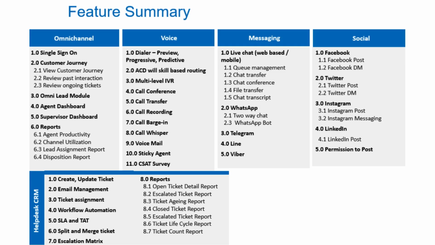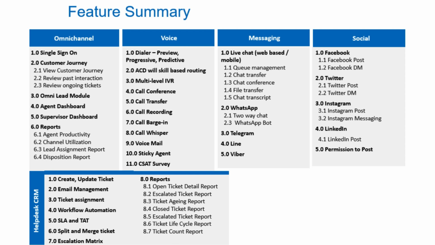This is a short demonstration of Czentric's Omnichannel, which has a built-in CRM along with all the communication channels like telephony, messaging, which includes web chat, WhatsApp, Telegram, and Viber. It has an email module and all the social media like Facebook, Instagram, Twitter, and LinkedIn.